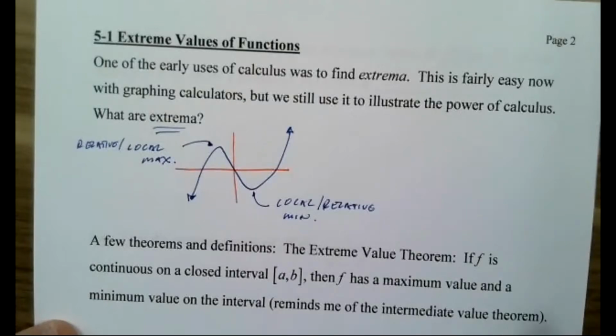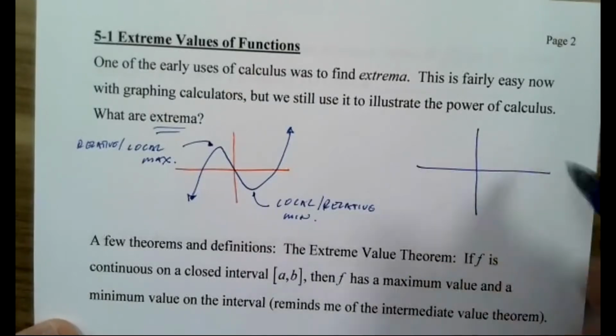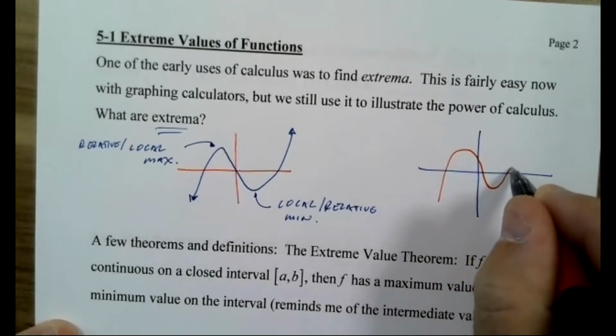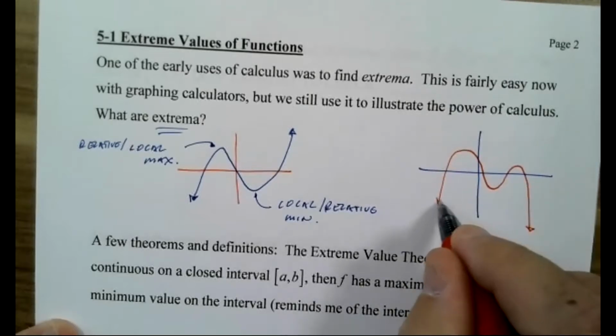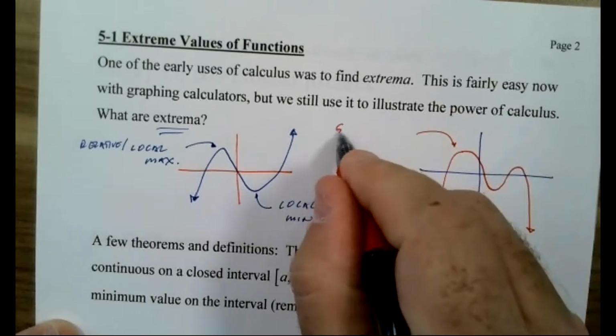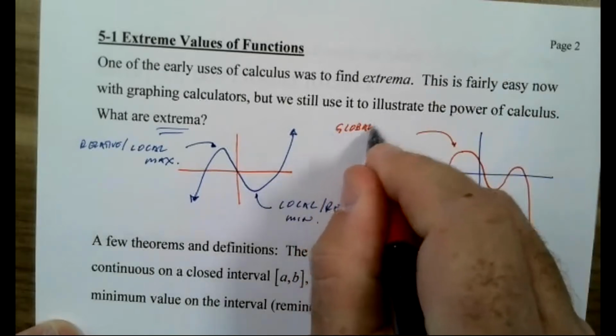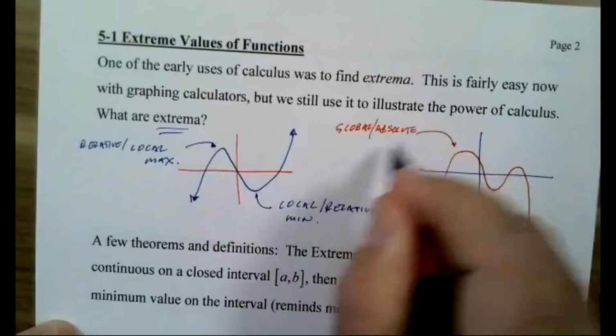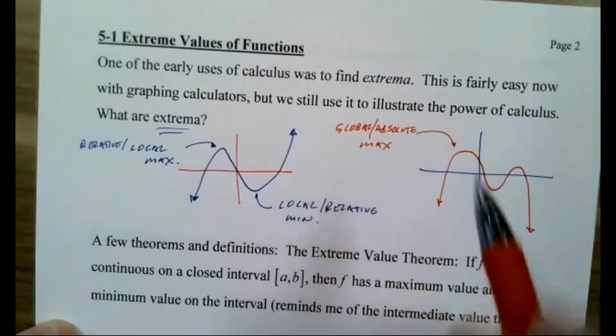We can get graphs like this. Now we have a global or absolute max. I'm real loose with my terms.